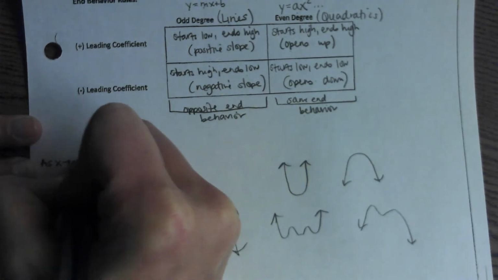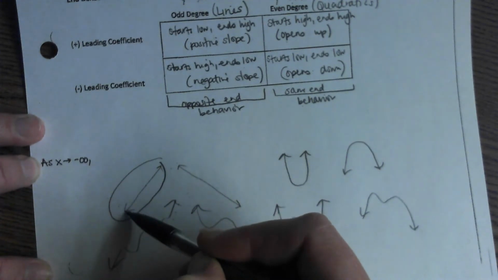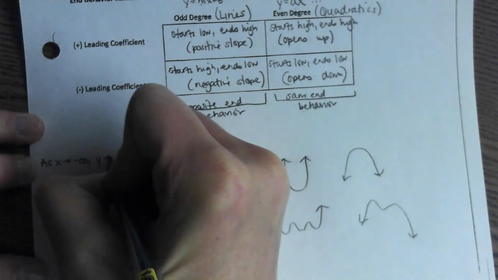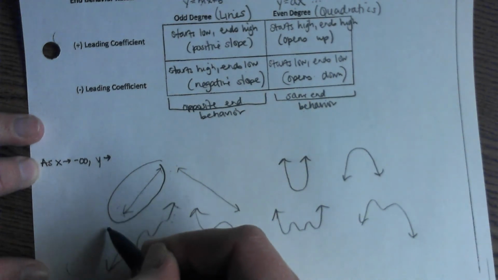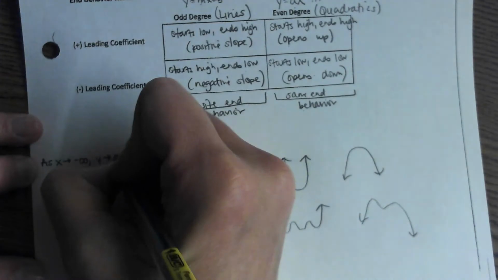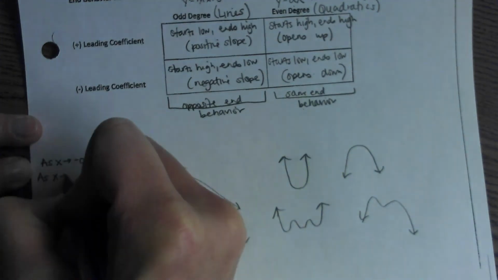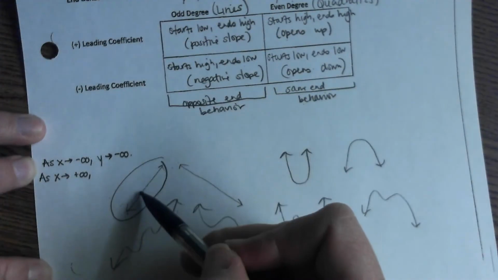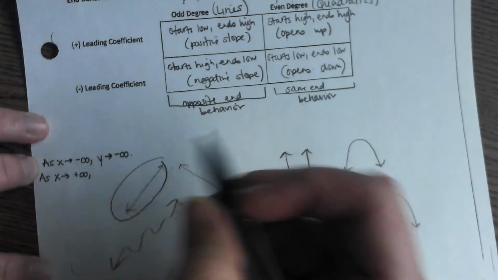As x approaches negative infinity, so that means we're going left, what is y doing? Where's the y coordinate headed if I'm going this direction? Negative infinity. And as x approaches positive infinity, what's my y doing? Positive infinity.